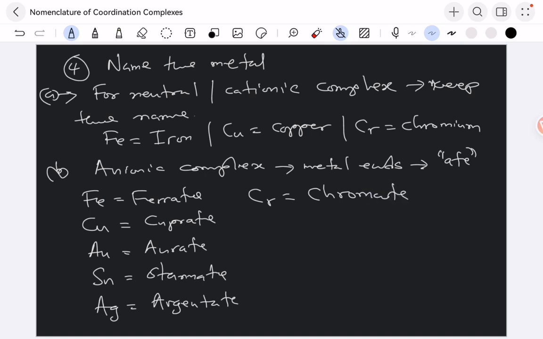This simply means that your metal is on the negative side, so the name changes to end with -ate. We'll look at some examples.